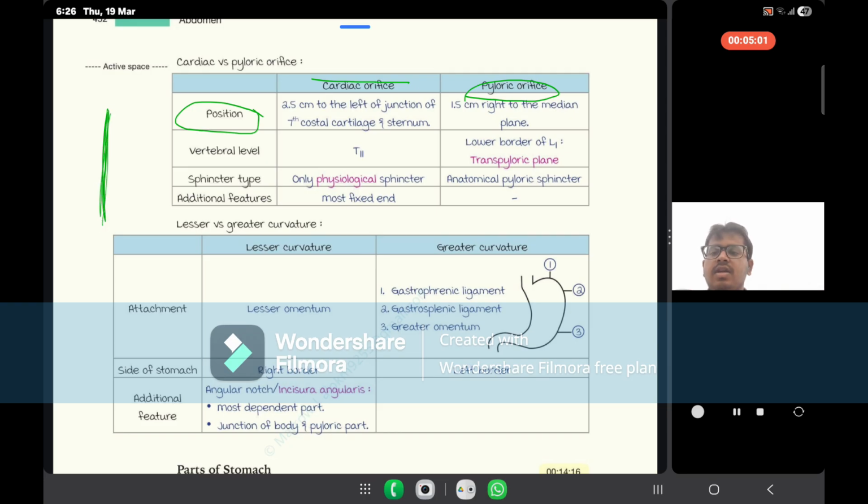Let us imagine it is a stomach; when we move 2.5 centimeters to the left of the junction of the 7th costal cartilage and sternum, we will get the cardiac end, the cardiac orifice. Do you understand why we are saying cardiac orifice and pyloric orifice?